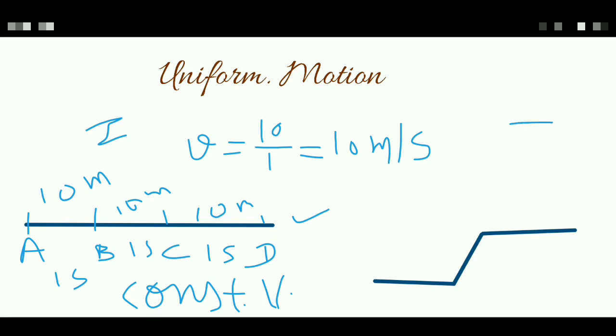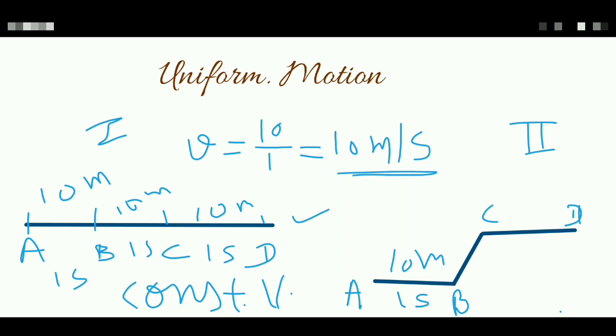Now in picture 2, suppose the same 10 meter distance is travelled within 1 second in each cross section, A to B, B to C and C to D. So the speed will always be 10 meters per second. But this second picture shows uniform motion with variable velocity.